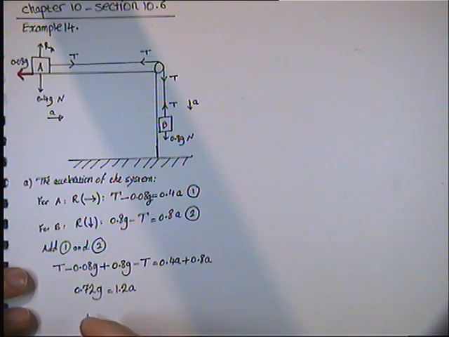Divide both sides by 1.2, and you get a equals 0.6g meters per second squared. However, you can substitute 9.8 for g and work out the numerical value for a.